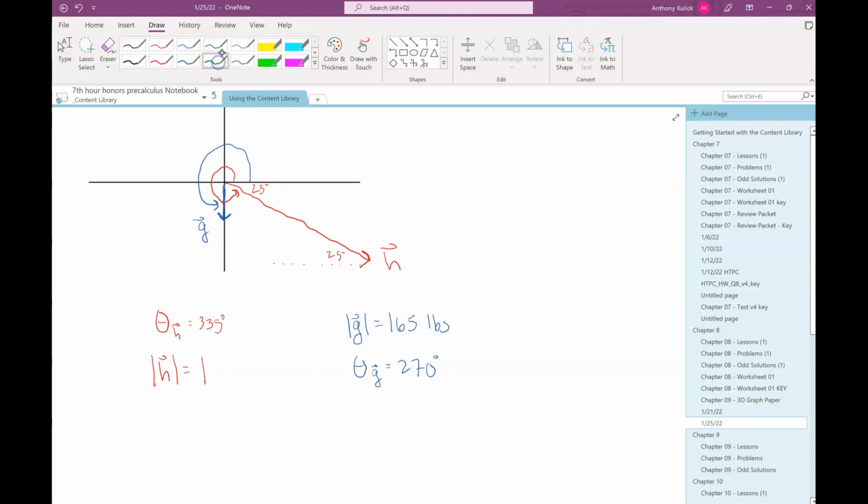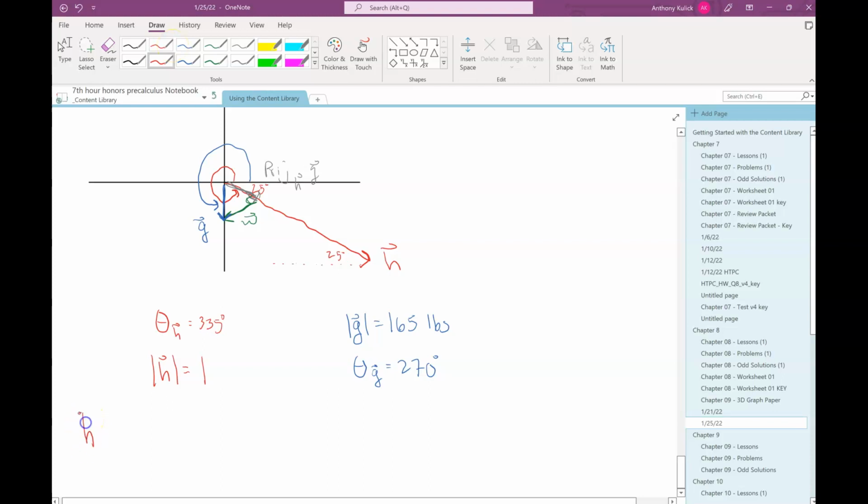So what we're really going to be asked to do is project this vector, there's my W, onto the hill. So that's kind of my picture. Okay.